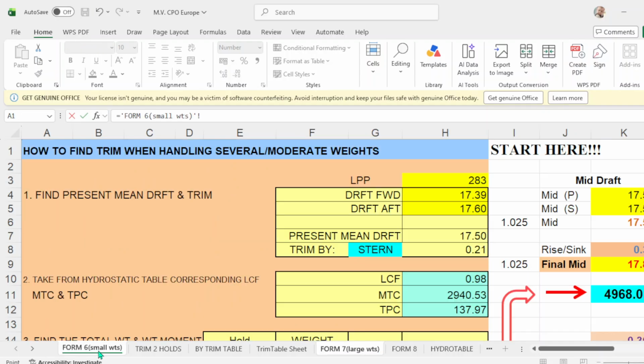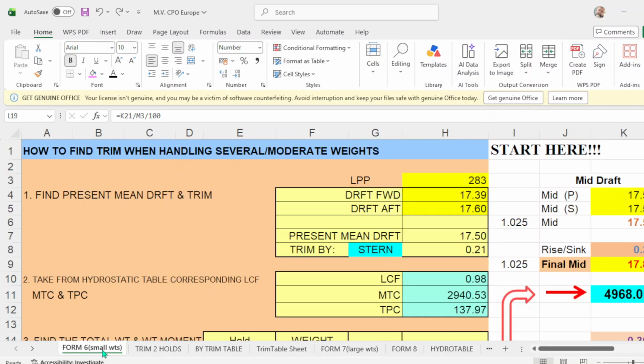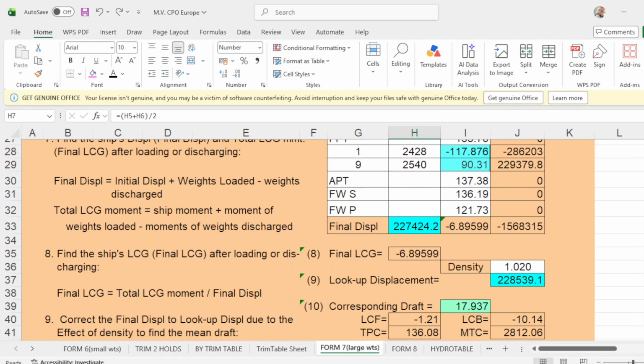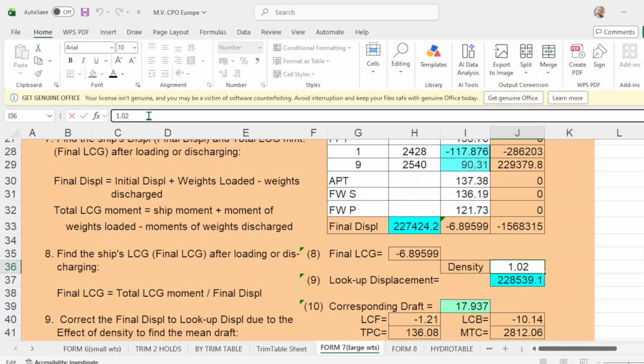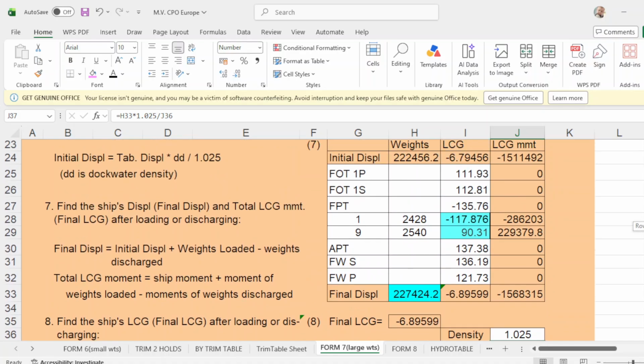Click this one. There you go, 1750, 21. Then scroll down. The density until completion is 1.025. There you go.